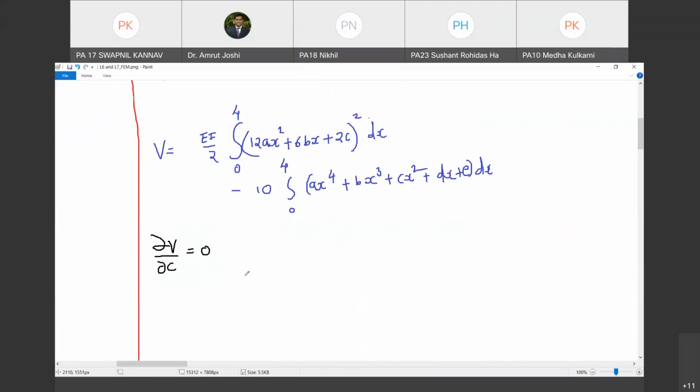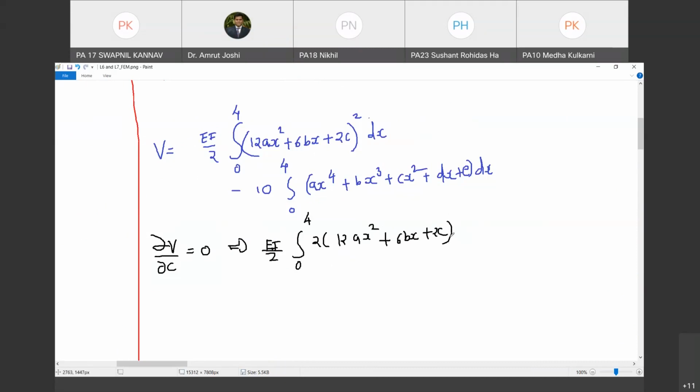So can you tell me what is dou V by dou C? Look at the first term. This implies the first term you are going to have EI by 2 as it is, integration 0 to 4, 2 into 12ax square plus 6bx plus 2c.